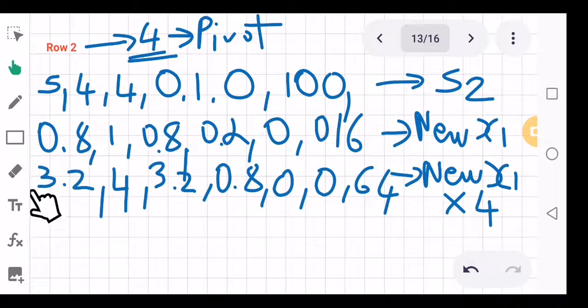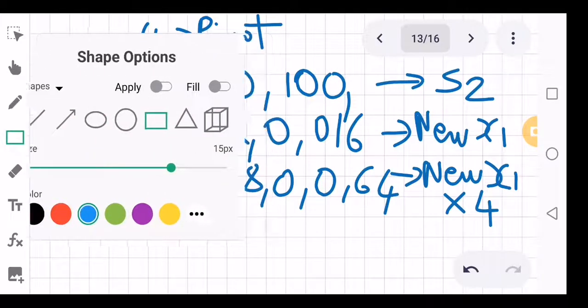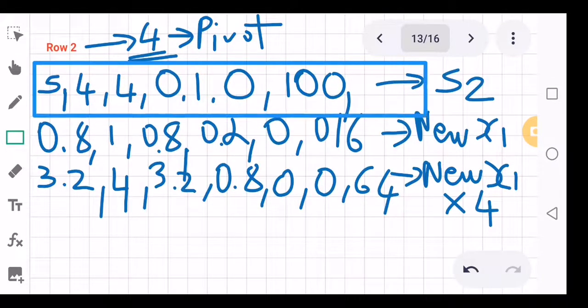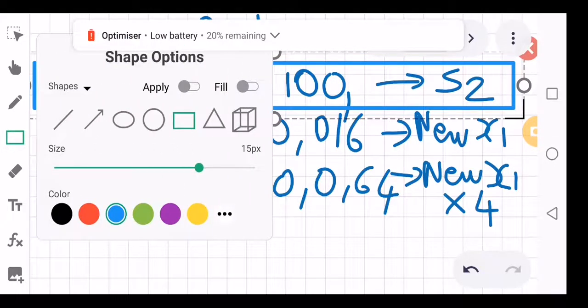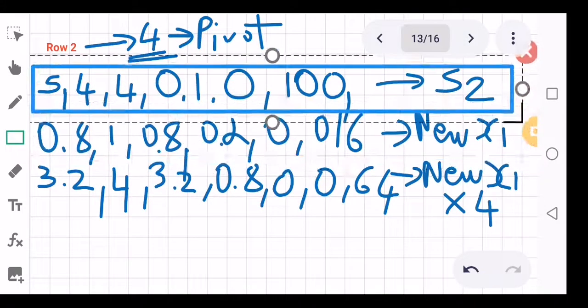Now the next thing I have to do is subtraction. I'll have to subtract these values from the values of row S2.